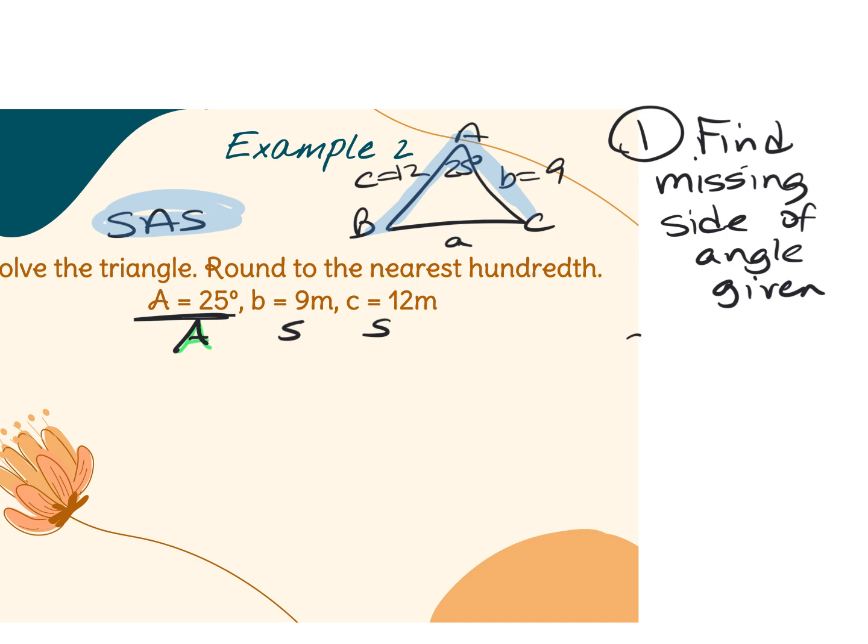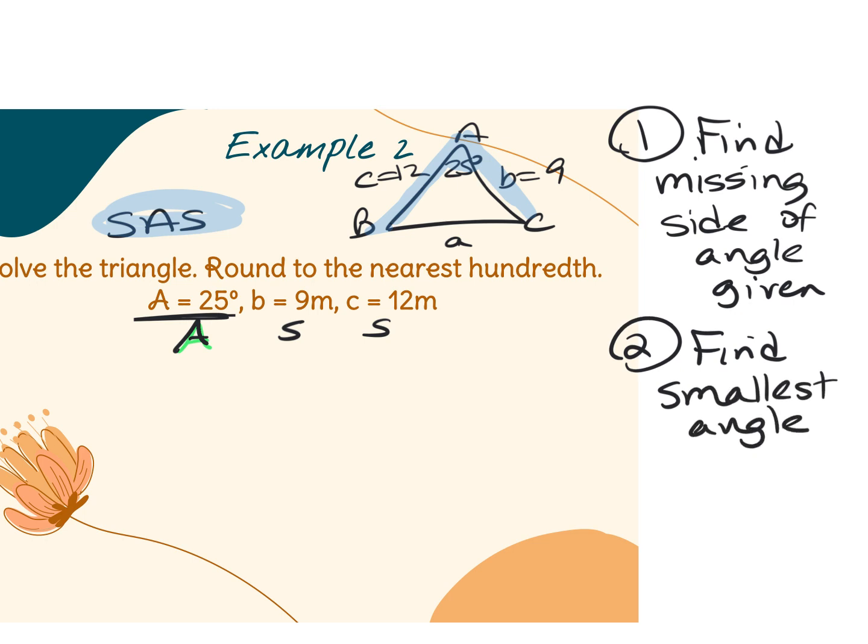Then step number 2, just like the side, side, side scenario, I'm going to find the smallest angle next. And then the last one, all we do is use the triangle sum. So steps 2 and 3 are the same for side, side, side, and side angle side.